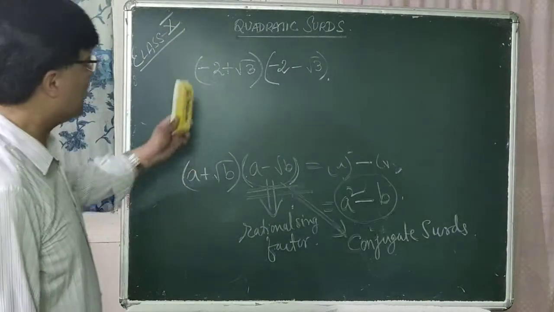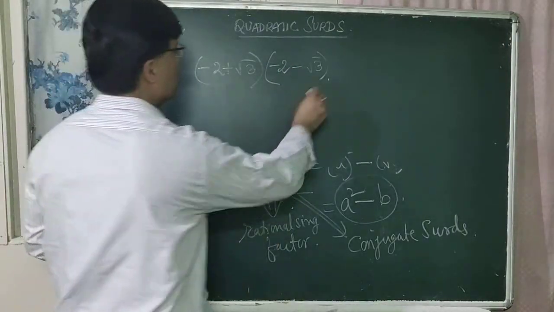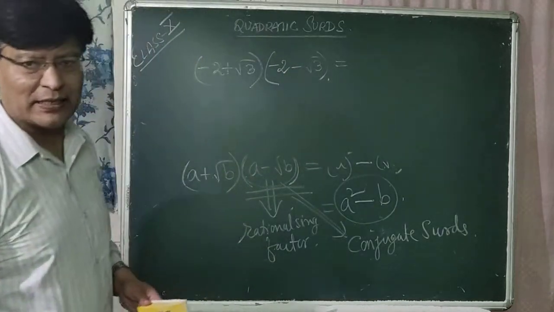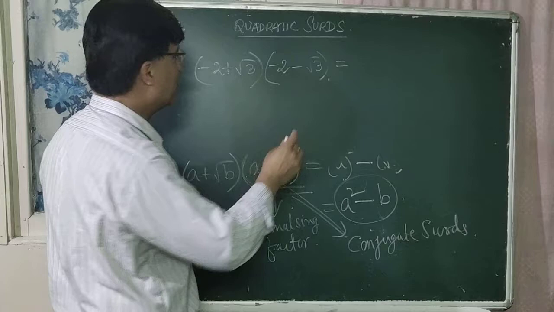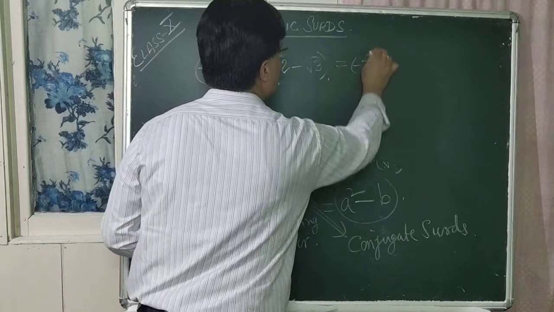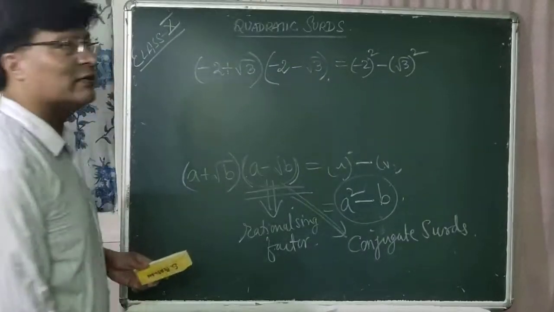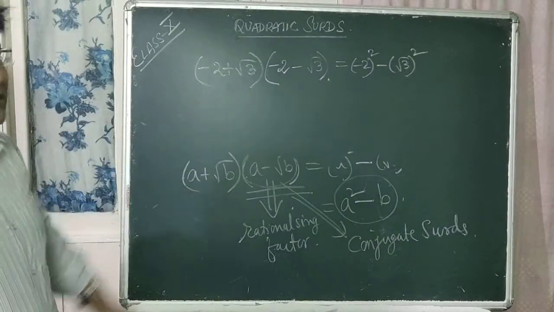Right? So let us simplify it. This is a plus b into a minus b. What is the formula? a square minus b square. So it is minus 2 whole square minus root over 3 whole square. Is that clear?